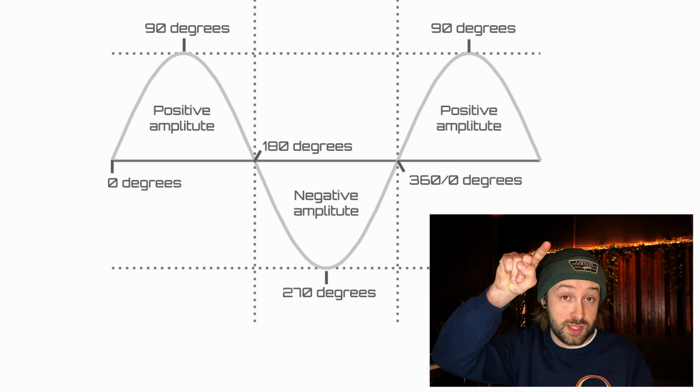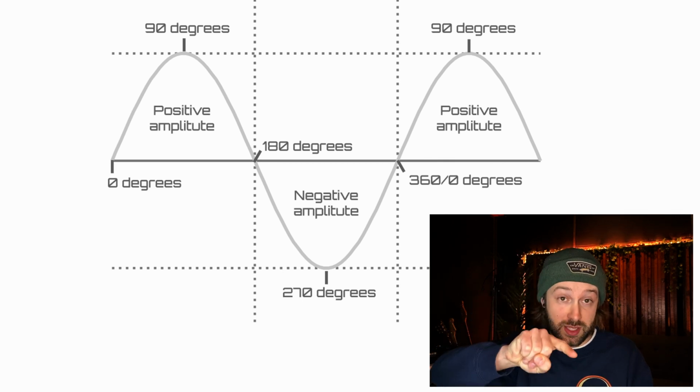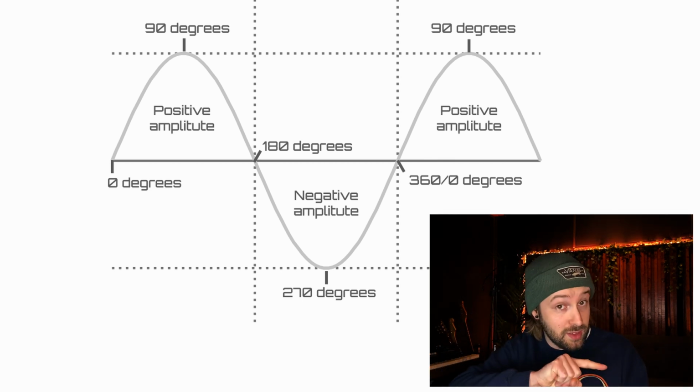Typically, a wave or sound will go through a whole cycle from 0 degrees up into positive amplitude, back to the 0 point, down into negative amplitude, and then back to the 0 point at 360 degrees. And that length depicts the frequency of the sound, whether it's a low frequency or a high frequency. And in that positive and negative amplitude, that is what's going to be pushing and pulling our speaker to create the vibrations that we hear with our ears.